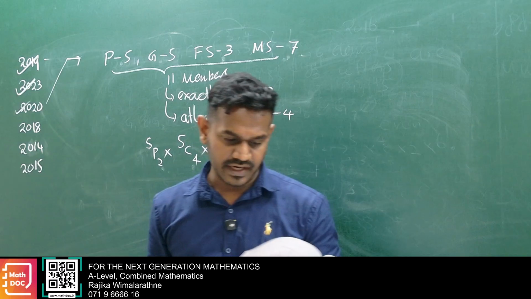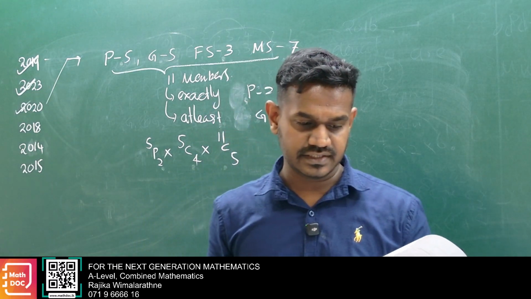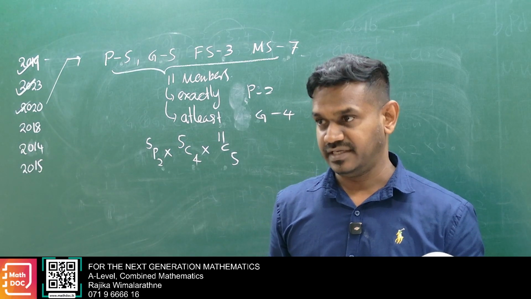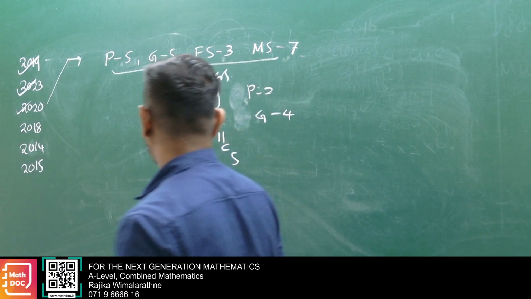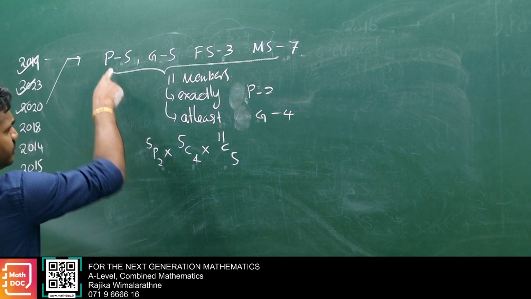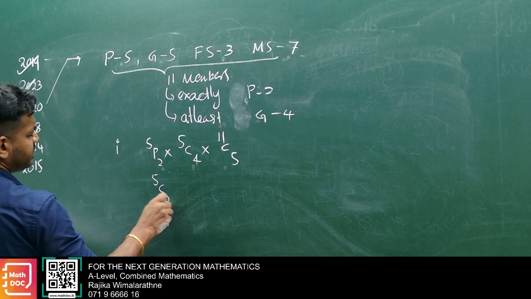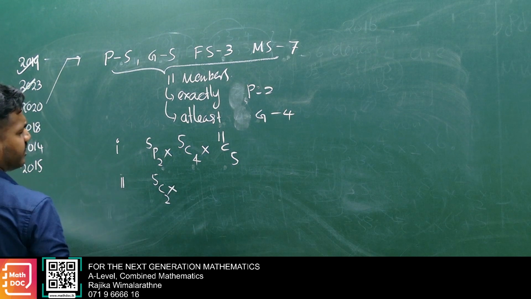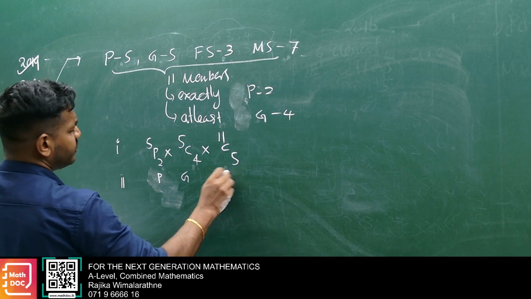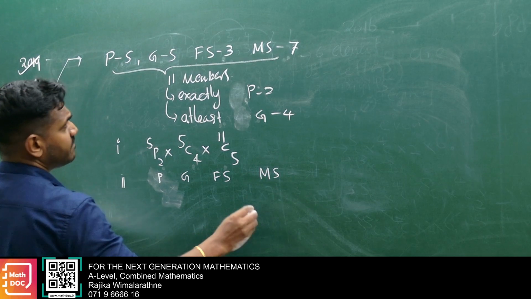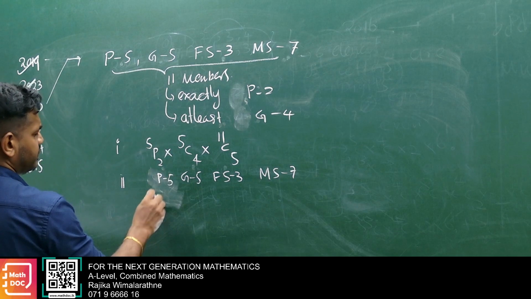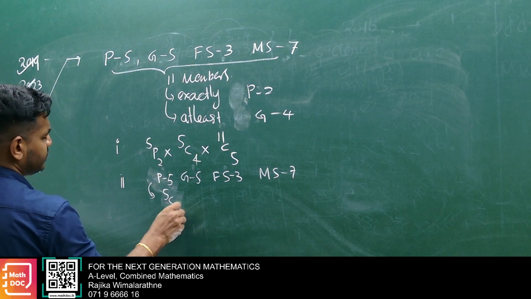And further, find also the number of musical groups among these having exactly 2 female singers. Now you select 2 pianists first, 5C2. Let's take pianist, guitarist, female singer, male singer: 5, 5, 3, 7.